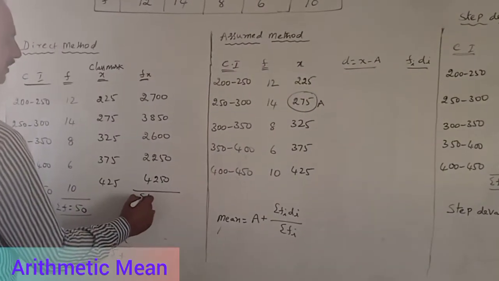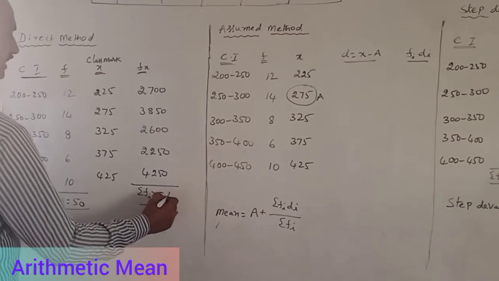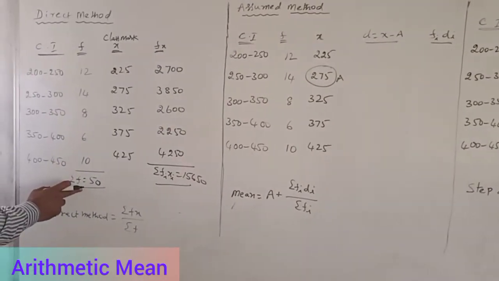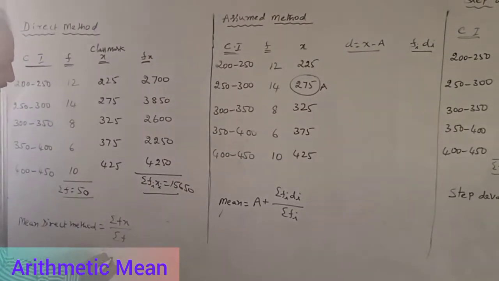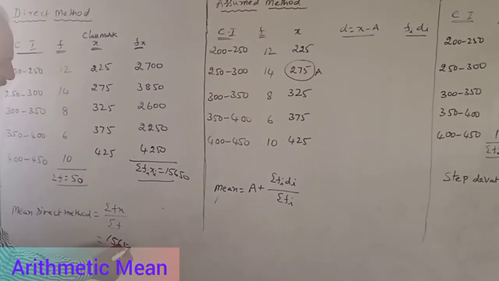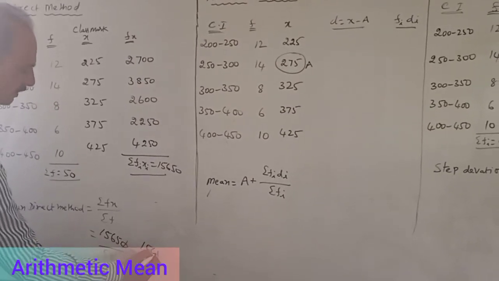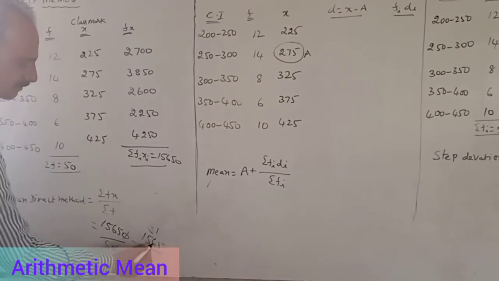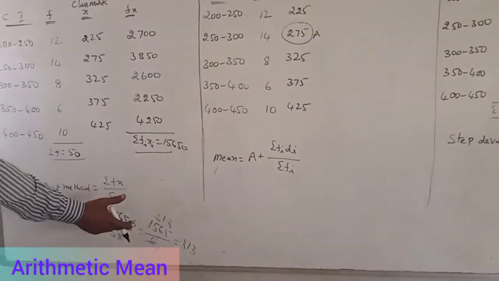Add this total, sigma fi xi, which is equal to 15,650. Sigma f is equal to 50. So the mean is sigma fi xi by sigma fi, 15,650 by 50. The zeros cancel, giving 1565 by 5. That is equal to 330 by the direct method.